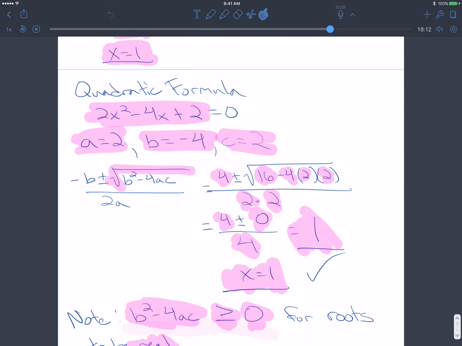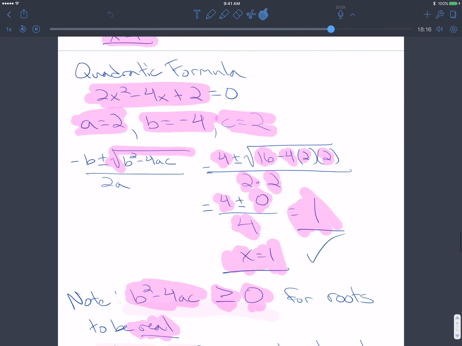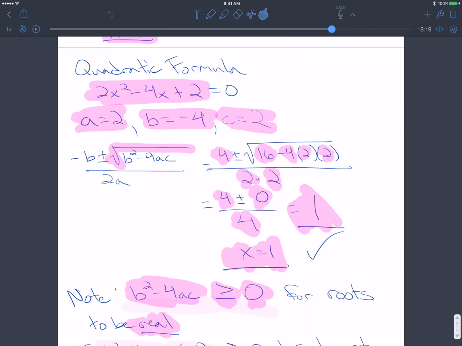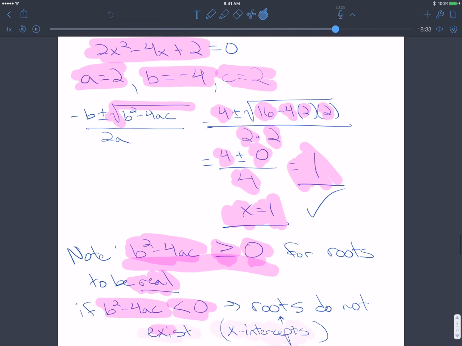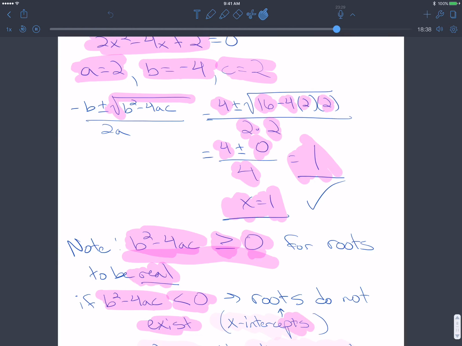We don't talk about imaginary numbers in this class, so basically for you to have a solution, you need this to be greater than or equal to 0. So that's something that is relatively easy to check when you are going to solve for a 0. If your b squared minus 4ac is less than 0, then the roots do not exist. And remember, these are your x-intercepts.